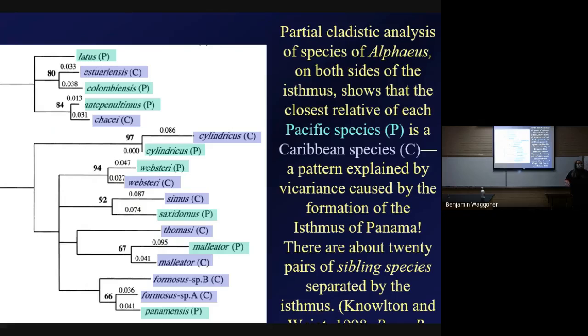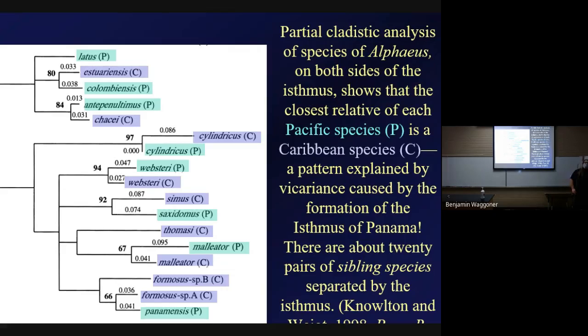Were no longer able to breed with each other because there's a big bunch of land in the way. And so over the past few million years, the separated populations of Caribbean and Pacific shrimp have diversified into separate species, but they're still each other's closest relatives. Each Caribbean species' closest relative is a Pacific species, and vice versa.